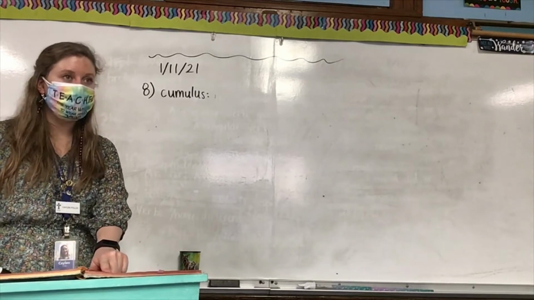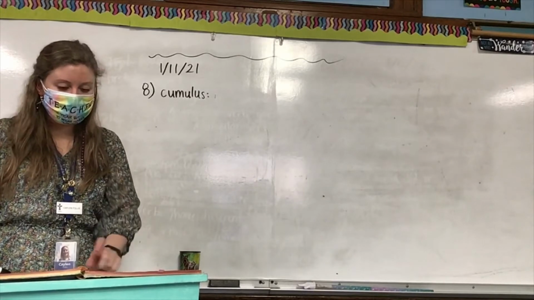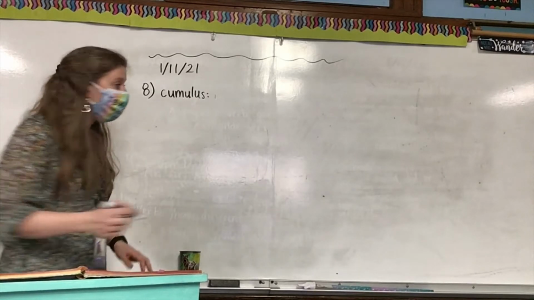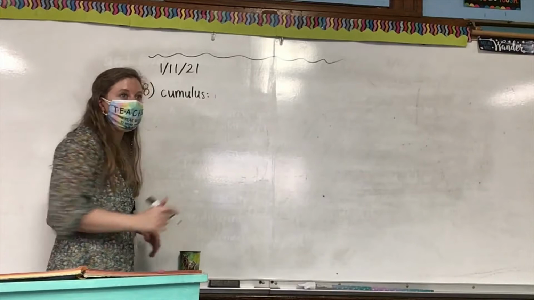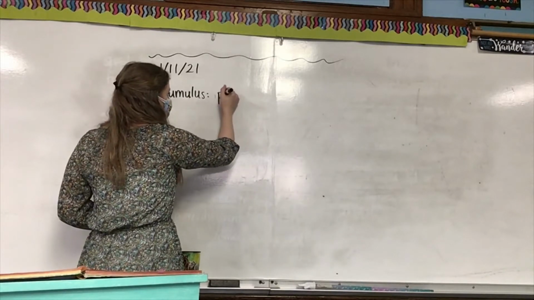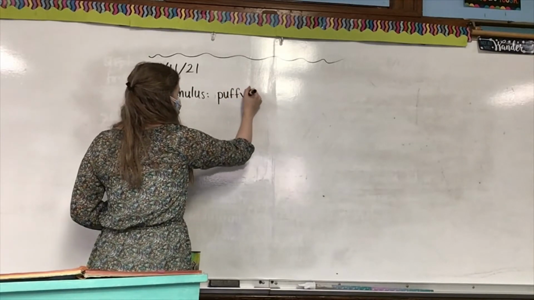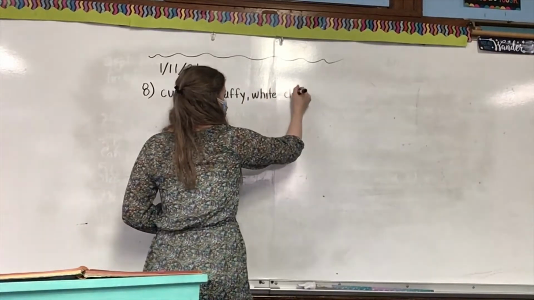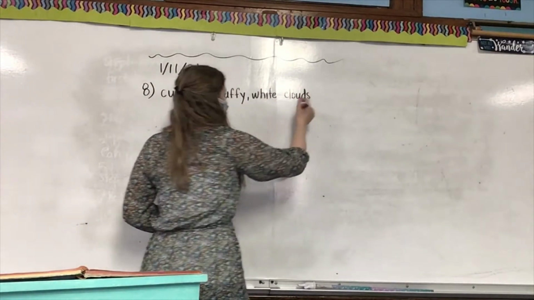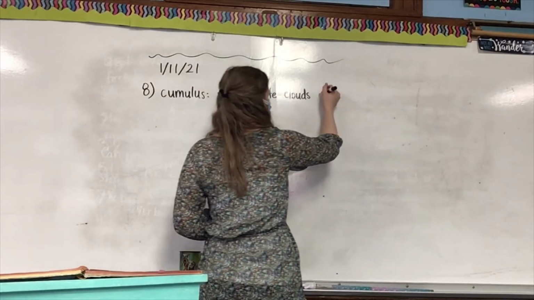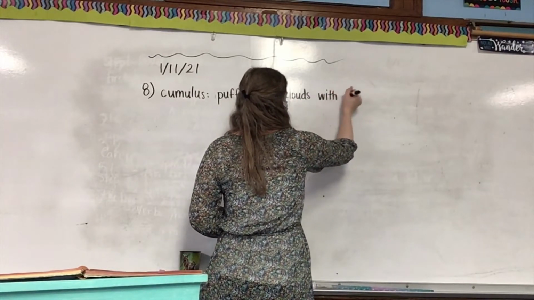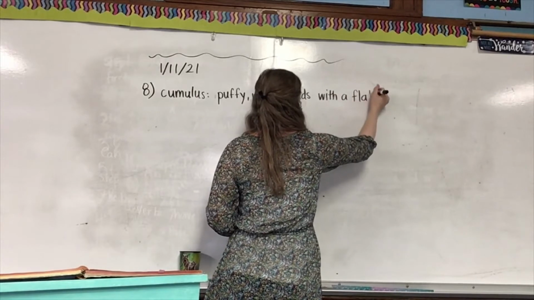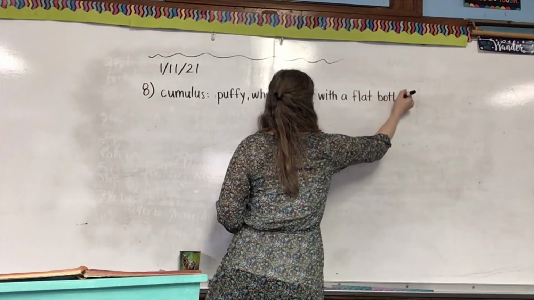It's just like a regular definition. You're reading it out of the book. Cumulus clouds are puffy white clouds that look like cotton balls. They often have a flat bottom. So they are puffy white clouds with a flat bottom.